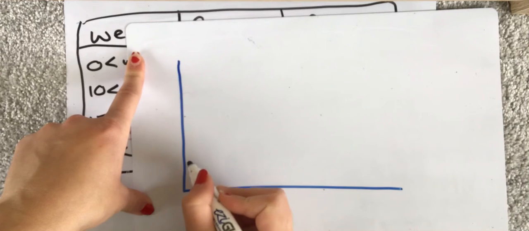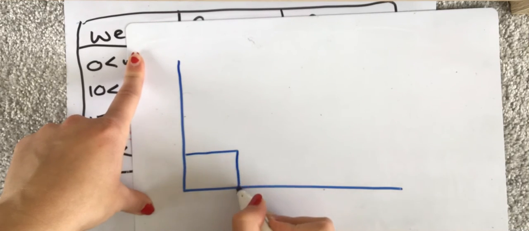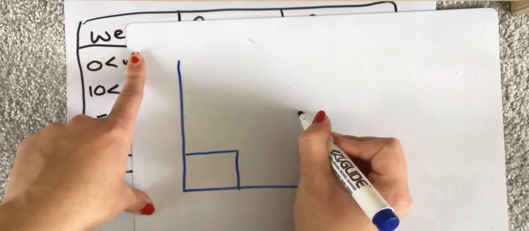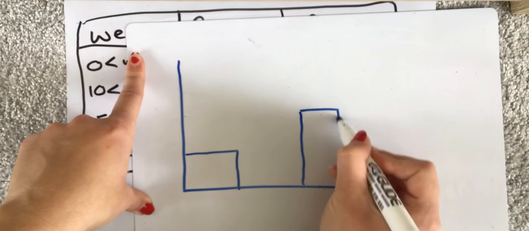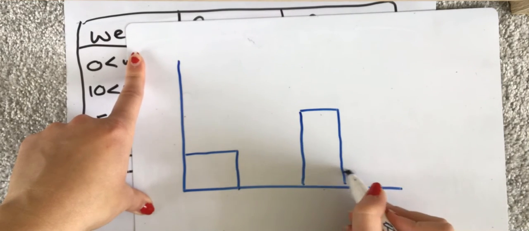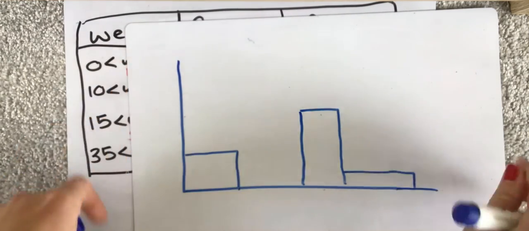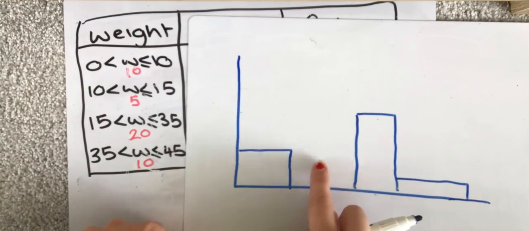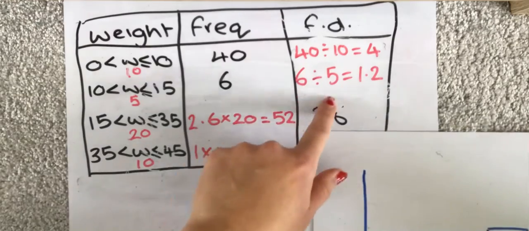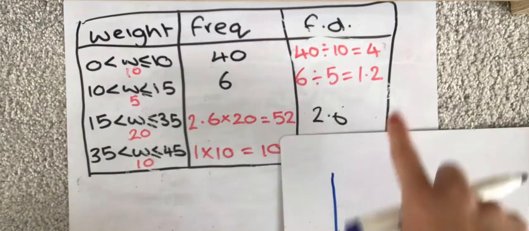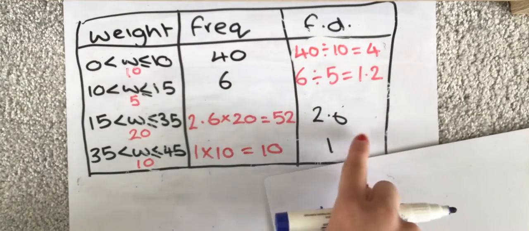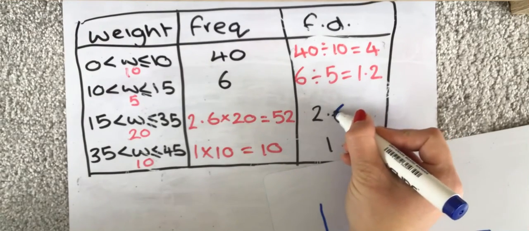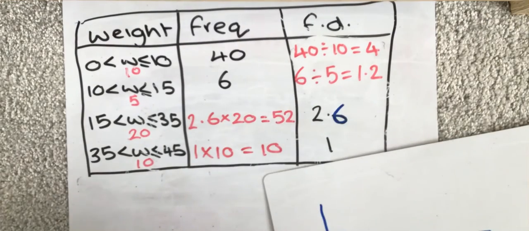So they might give you the first bit, first bar, and then they'll have a gap. Something like this, for example. They'll give you something like that, and they'll want you to draw this bit. Okay, they'll want you to use the information to try and draw the extra bits. You might have to use the different frequency densities that you've got to work out where exactly it goes.